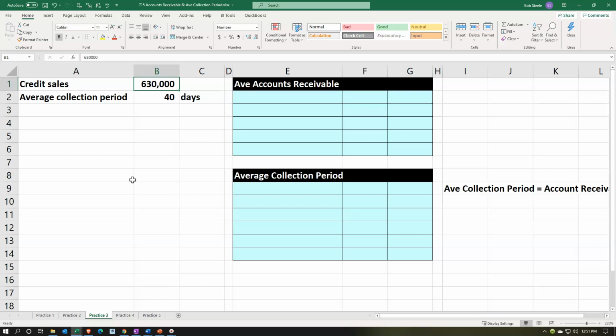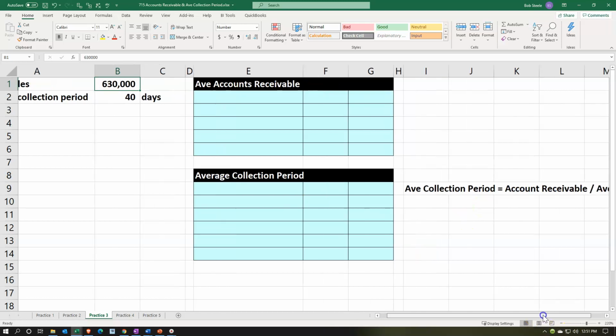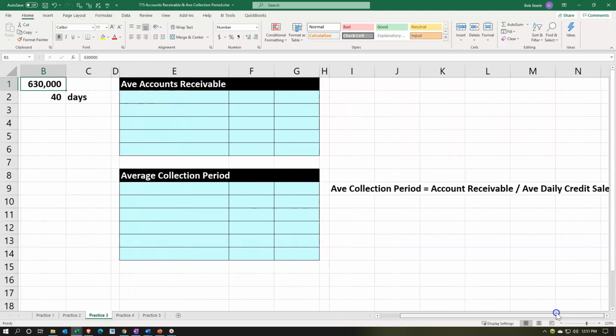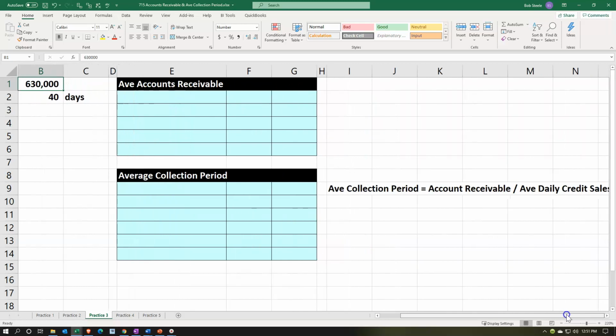So we're going to kind of reverse the calculation we did before. Remember, we can think of the formula as the average collection period equaling the average accounts receivable divided by the average daily credit sales, right?